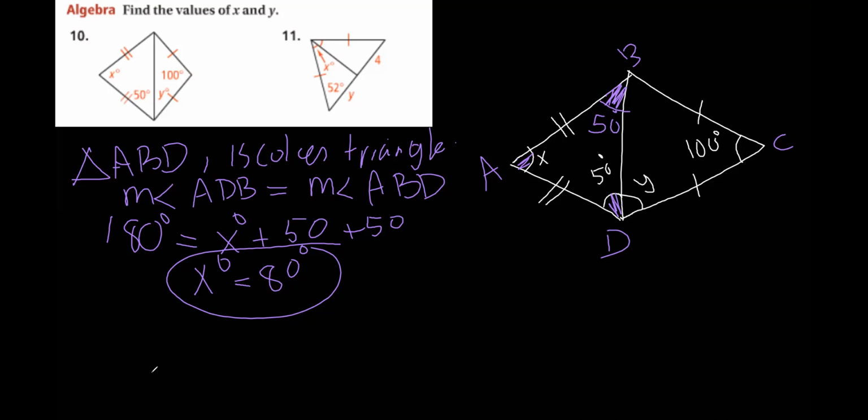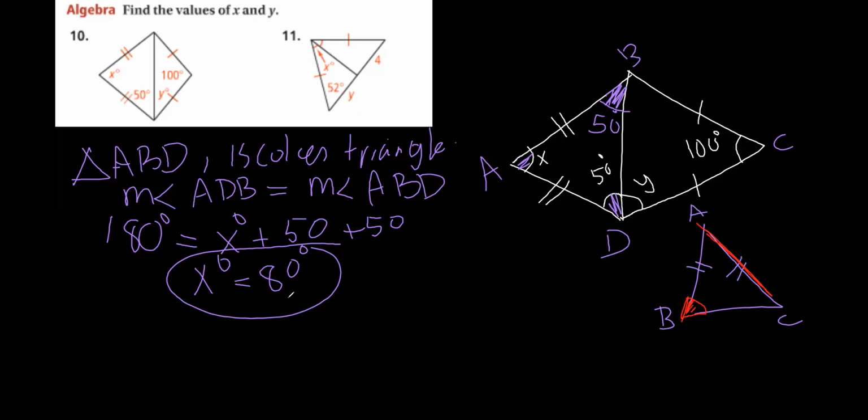Okay. If you have this triangle, I will draw it here. This is A, this is B, and this is D. I told you that these two sides are congruent. So what does it mean? If you look at this side, what is its congruent angle?